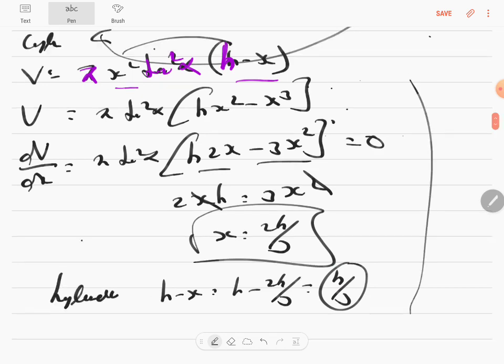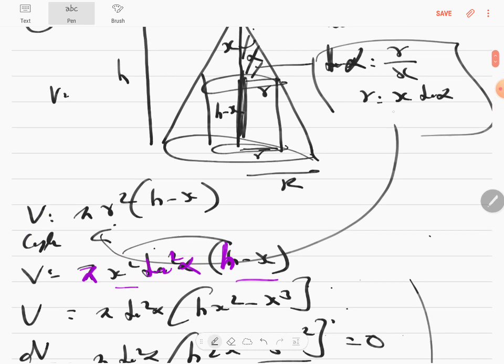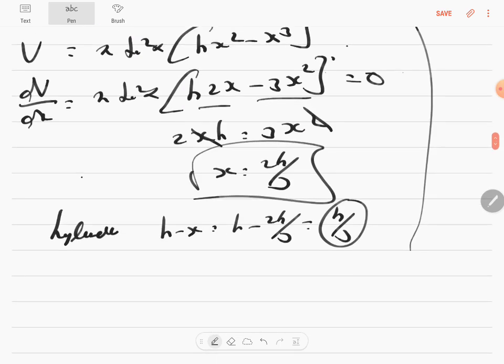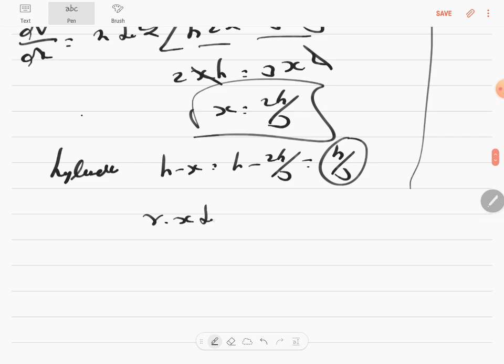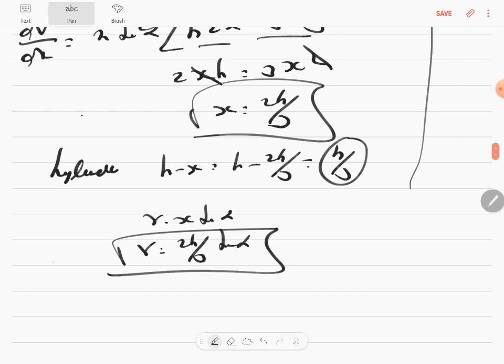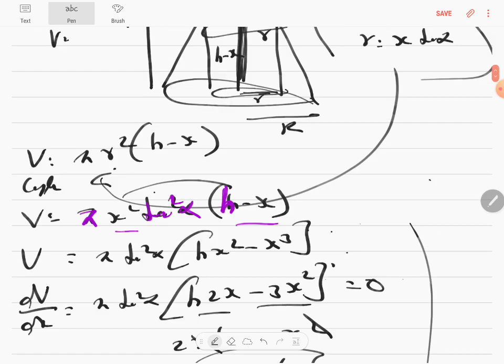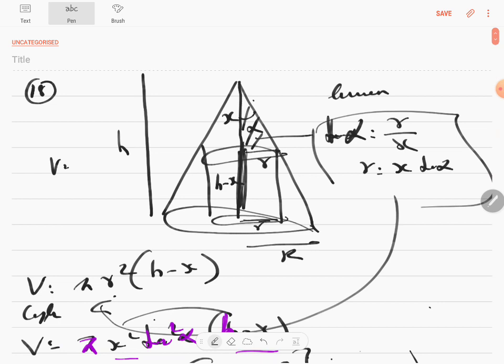Now take it and substitute it here. You can find the radius of the cylinder. Small r is equal to x tan alpha. So small r is equal to 2h by 3 into tan alpha. So you found the radius of the cylinder. You found the height of the cylinder. And that's all you need. So what is the question?